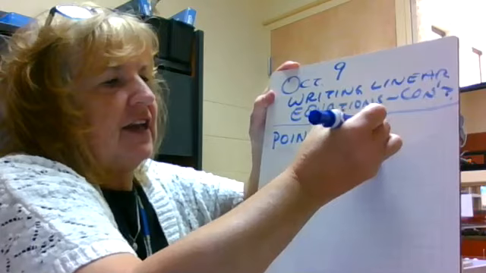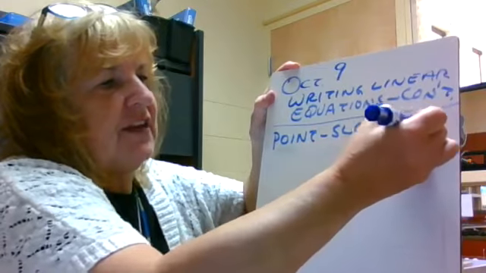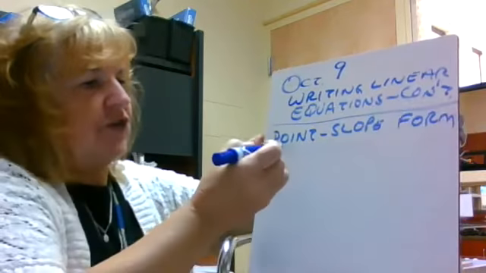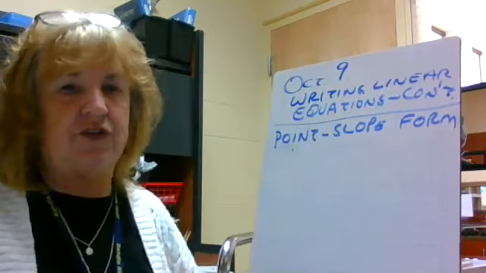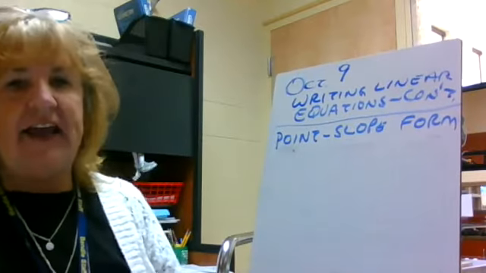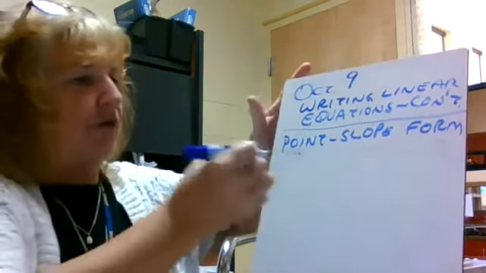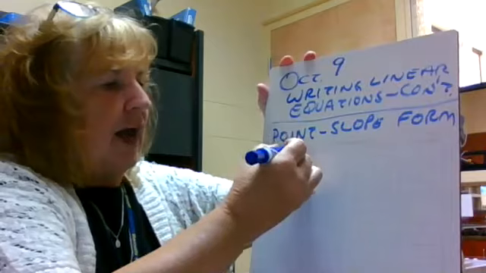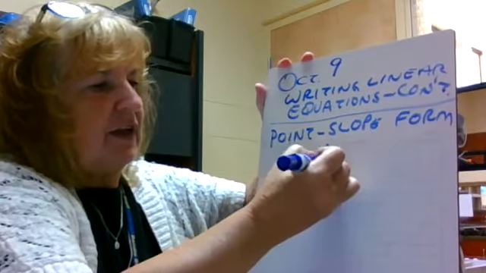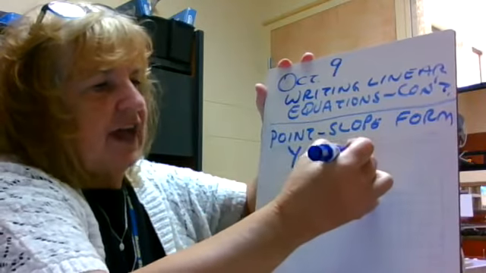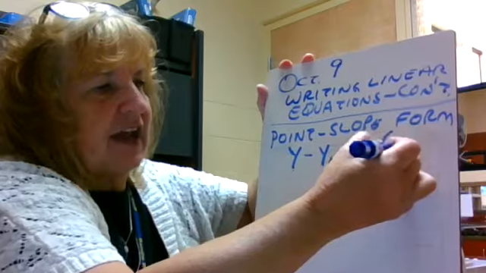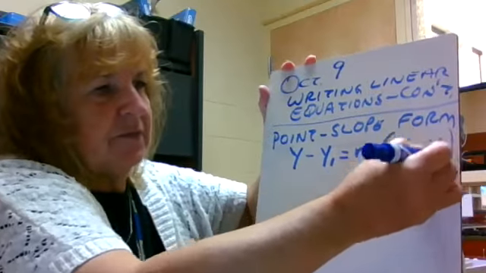And it uses exactly what the name says. It uses a point on the line and it uses the slope of the line. And the basic form for point slope form is y minus y1 equals m times x minus x1.